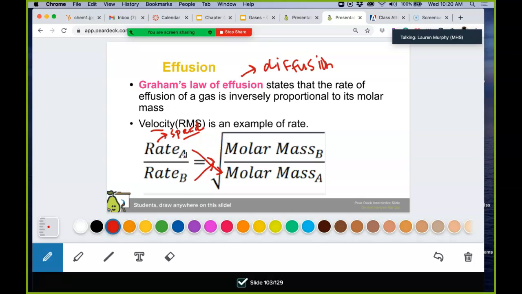I don't need you to know this part per se, but where did this come from? Like, where did they just pull this equation out of? Well, they didn't just pull it out of nowhere, right?